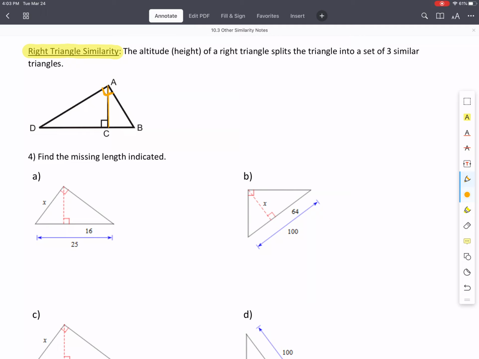So one of them is going to be, using their altitude, we're going to have this one right here. So we'd have triangle ACB. That's one of them. Let me go ahead and erase some of these lines. And then we're going to have another triangle, which is the middle-sized one. The blue you can't really see, so let me go to green.